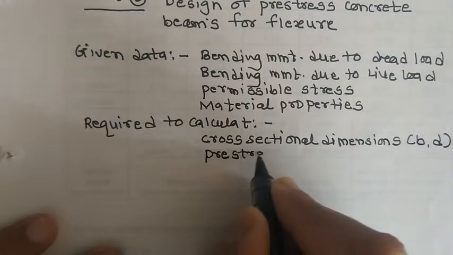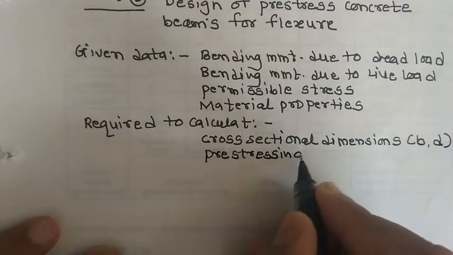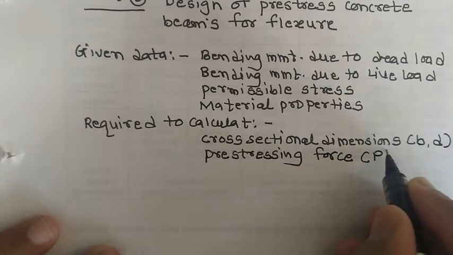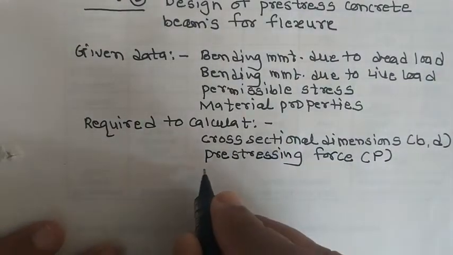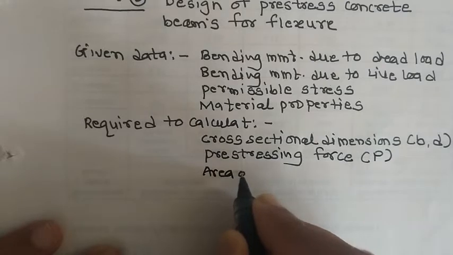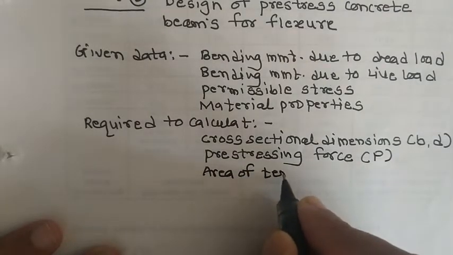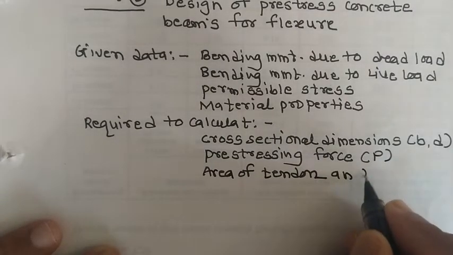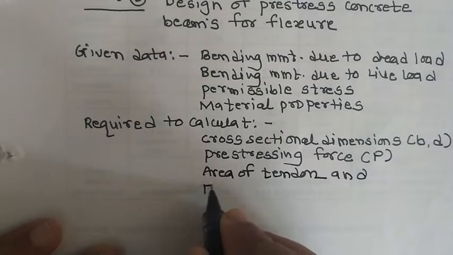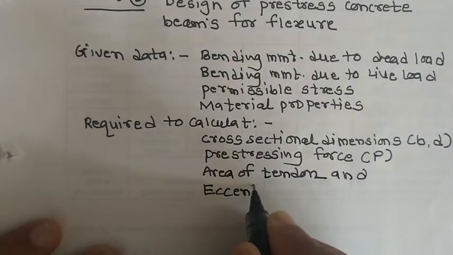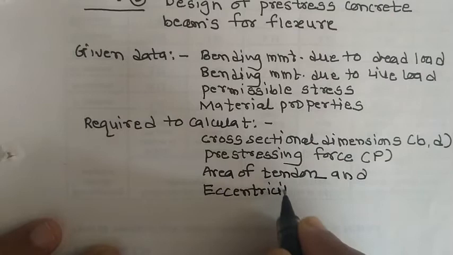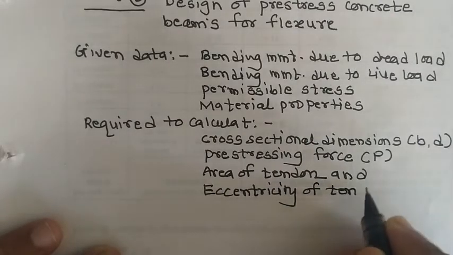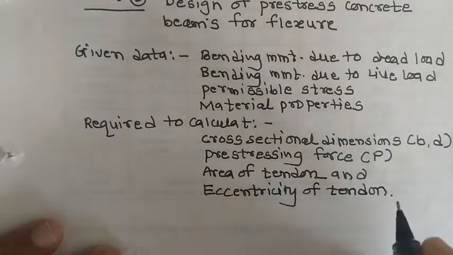Next is prestressing force, capital P, then area of tendon and eccentricity of tendon. These things you have to find out.